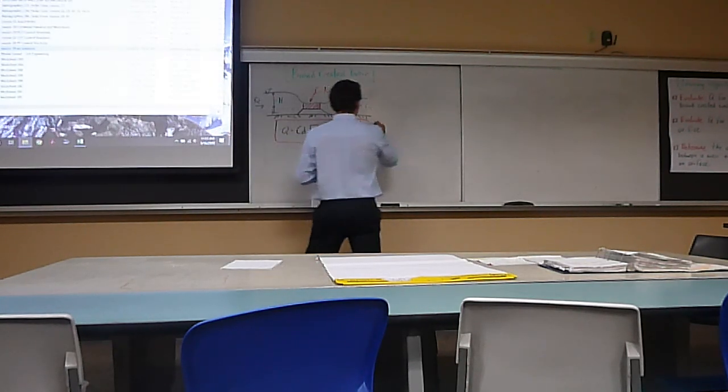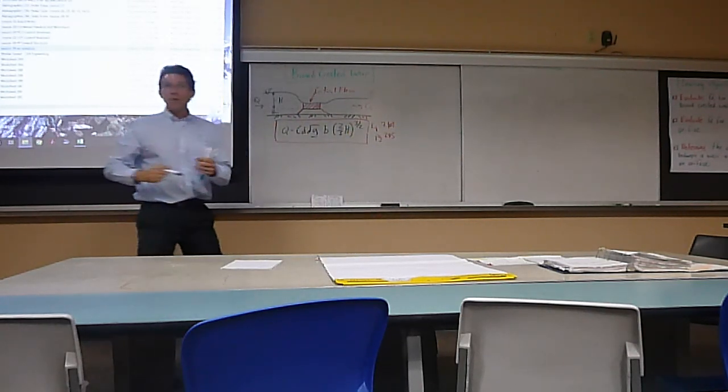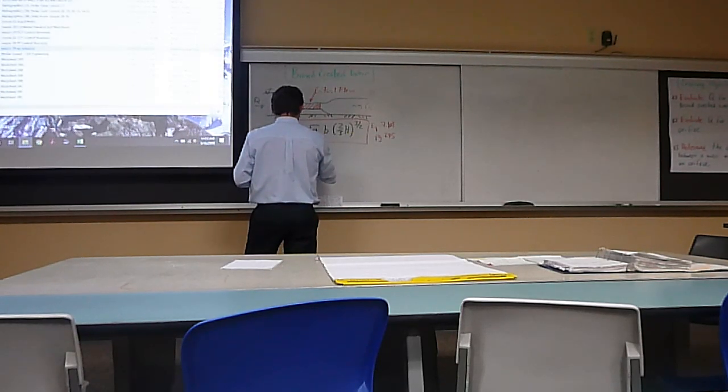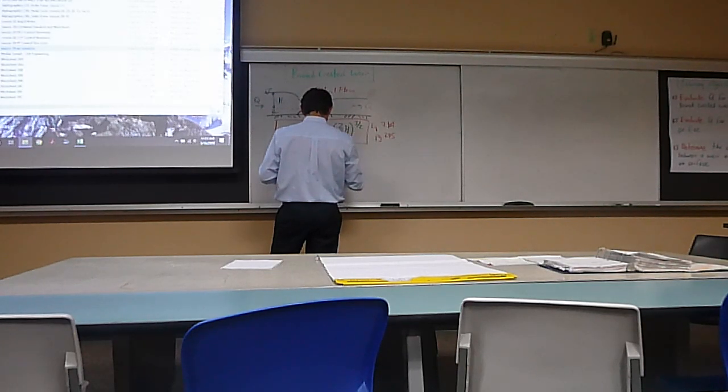This is equation 7.101 on page 295. And for a broad-crested weir, you can actually calculate what C_D is, and the equation for that is C_D is 0.65 over the square root of 1 plus the head over the weir crest divided by the height of the weir, raised to the 1/2.